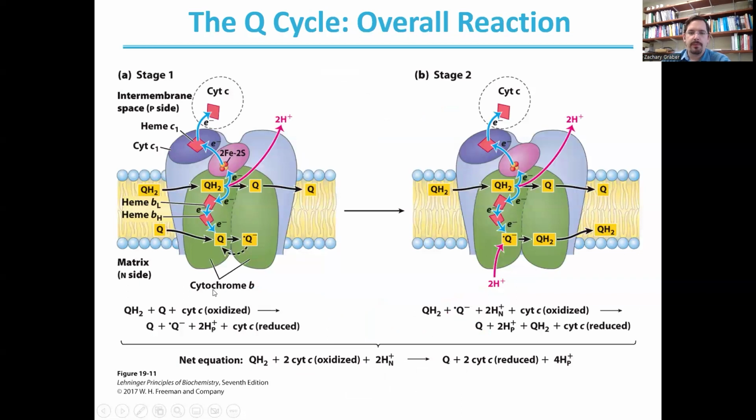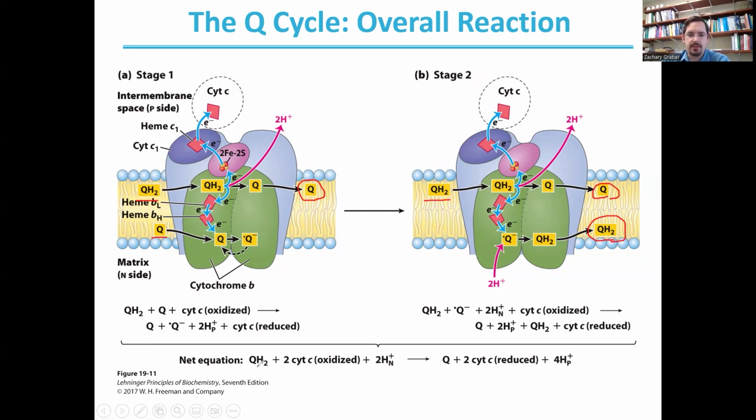So overall, when we put these both together, right, we brought in, again, 2 units of our reduced ubiquinol, but we only ended up consuming 1 overall, right, because we produced a new unit of ubiquinol, as well as 2 units of ubiquinone, but we also consumed a unit of ubiquinone.